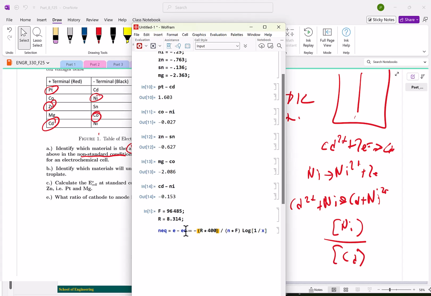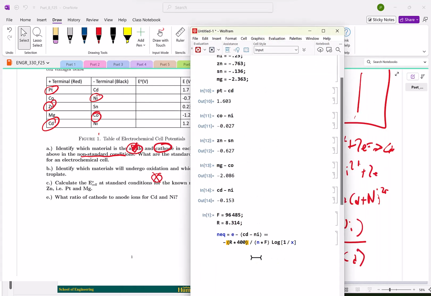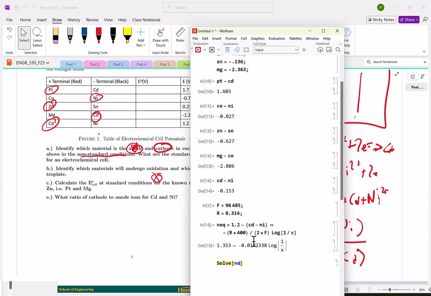Our E naught is just Cd minus Ni, and that's what it should be, but the E that we are measuring is 1.2 volts. Then finally, I'm just going to assume 2 moles for n, and let's solve.